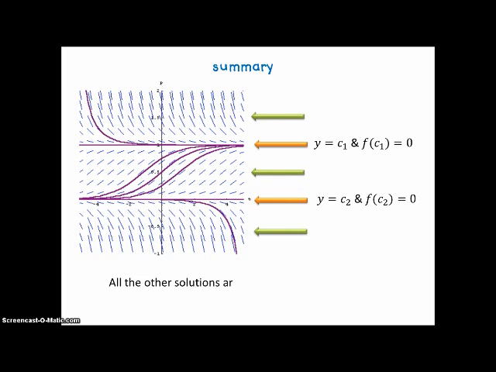All the other solutions are sort of channeled in between the constant solutions and are unidirectional, because remember, we said that no two graphs in a slope field can intersect, and so if you've got something in between the constant solutions, they can't cross over. And then we also said that because of the no change from left to right, all your solutions will either be increasing or decreasing individually, that is.